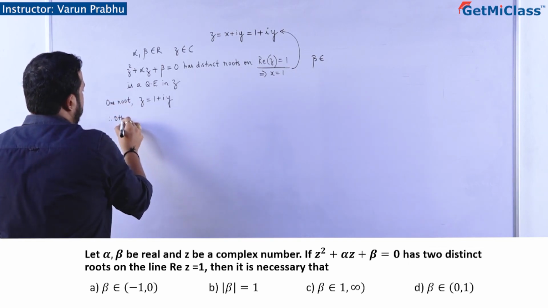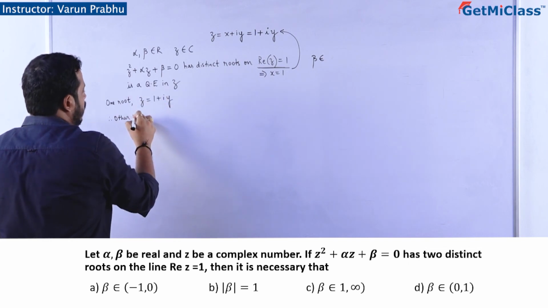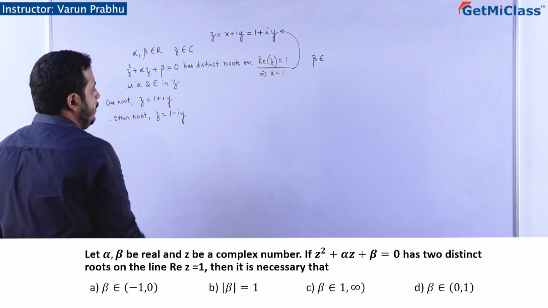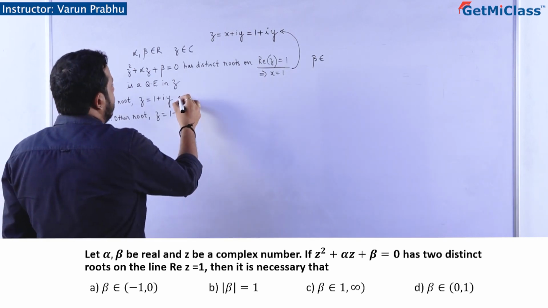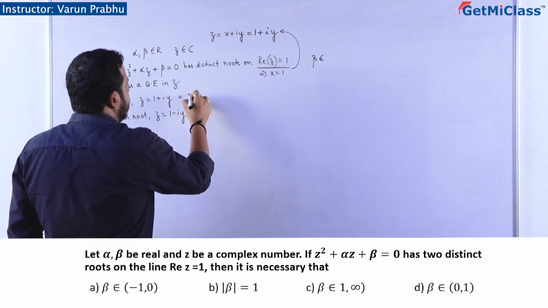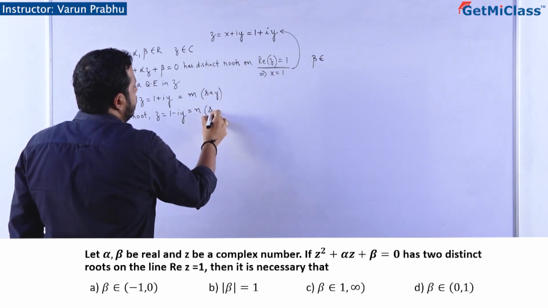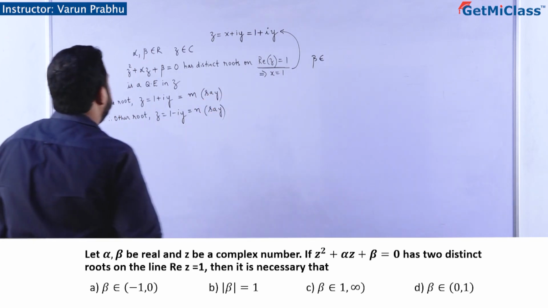Therefore the other root, since it's a quadratic equation with real coefficients, will be the conjugate of this: z equal to 1 minus iy. We'll call this m and we'll call this n.